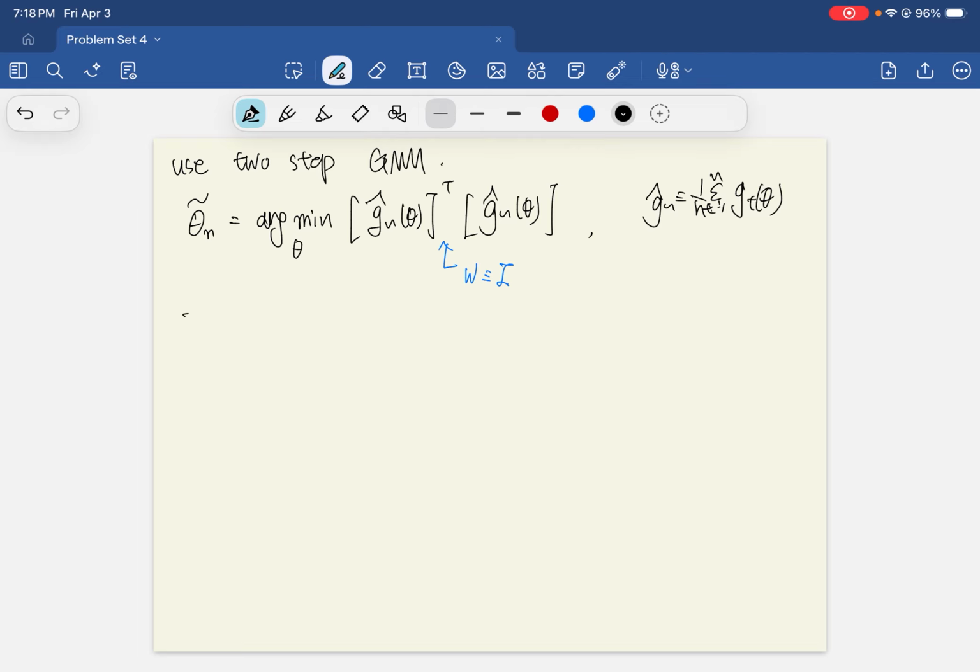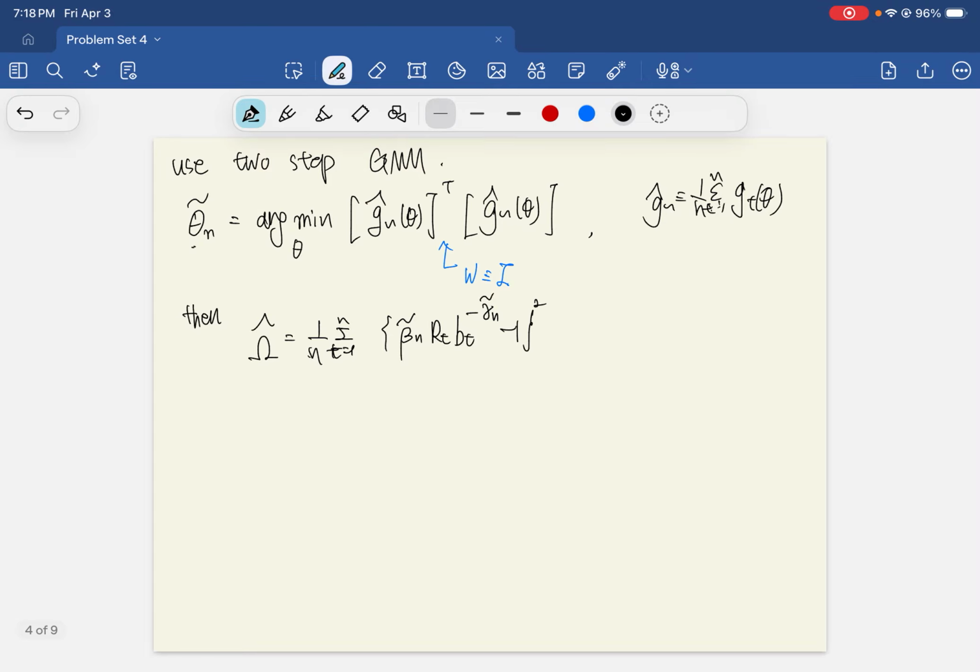So then I'm going to estimate omega hat as the sample mean of the same thing. So beta tilde n, which is part of theta tilde, times rt bt minus gamma tilde n minus 1 squared.